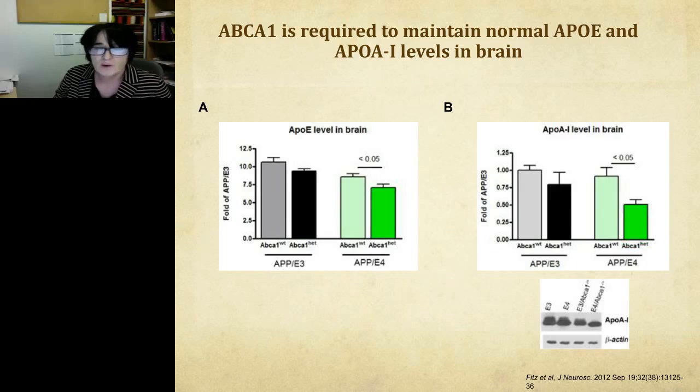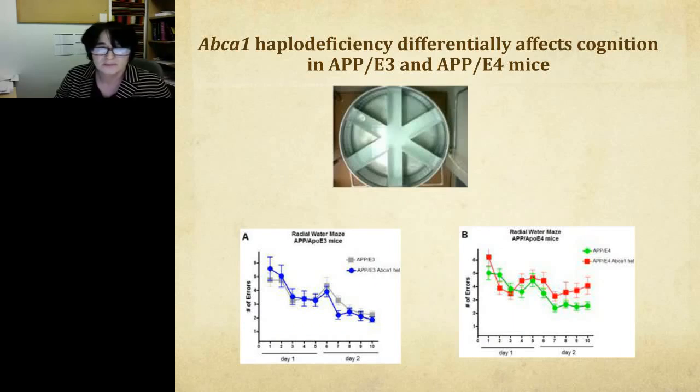Similarly, APOA1 level was decreased by the deletion of 1 copy of ABCA1 in E3 and in E4 mice. And again, the difference was more pronounced and statistically significant in E4 expressing mice. So the conclusion from this experiment is that the deficiency of even 1 copy of ABCA1 decreases protein level of APOE and APOA1 in the brain.